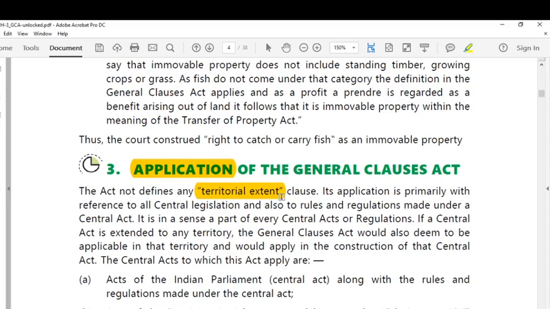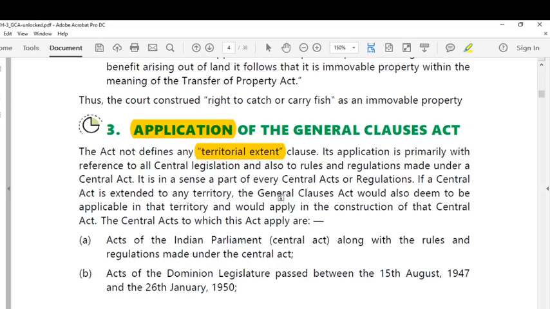It is in a sense a part of every Central Act or regulation. If the Central Act is extended to any territory, the General Clauses Act would also be deemed applicable in that territory and would apply in the construction of that Central Act. Right.